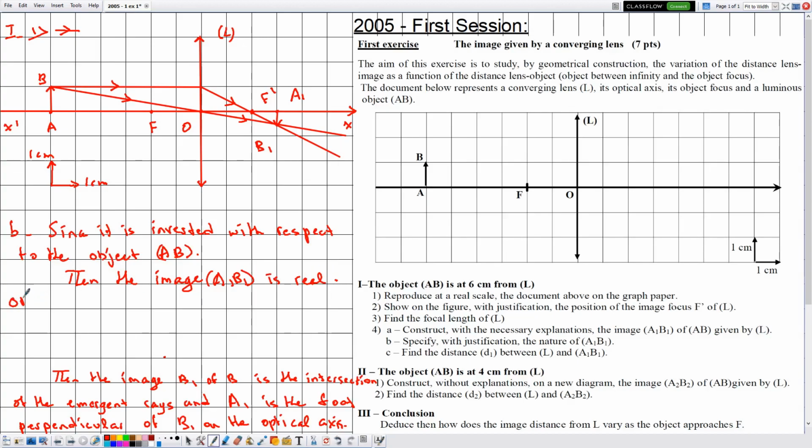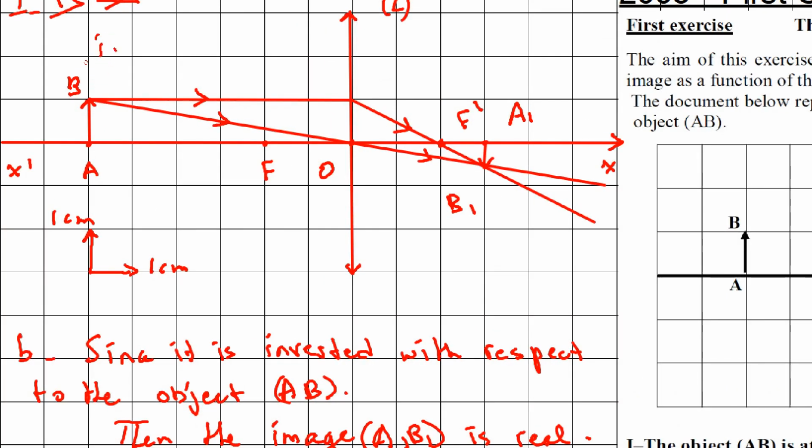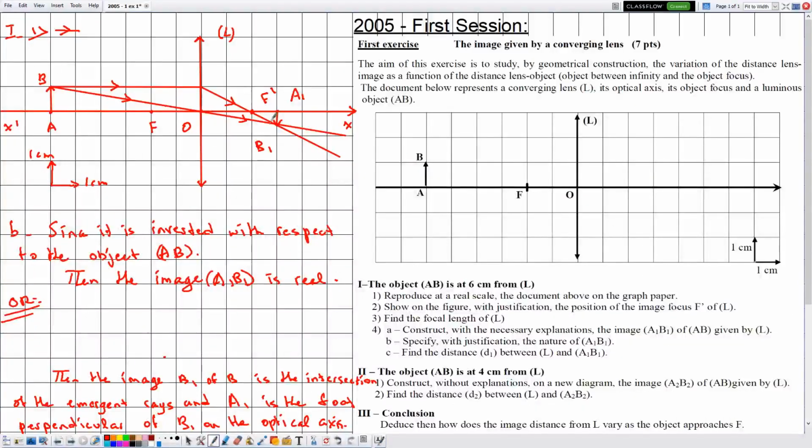One could give another justification why the image is real. Notice the object AB is in front of the lens and the image A1, B1 is behind the lens, and whenever the object and the image are on opposite sides, this means that the image is real.